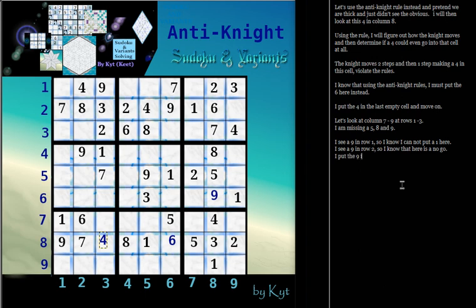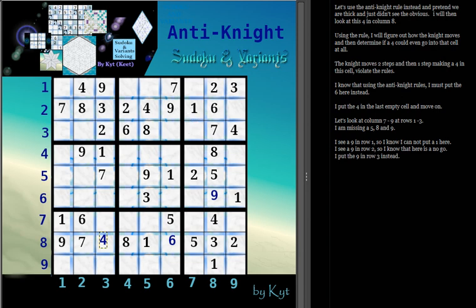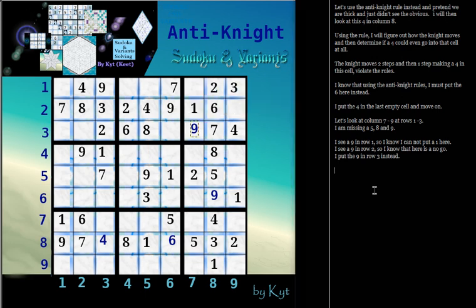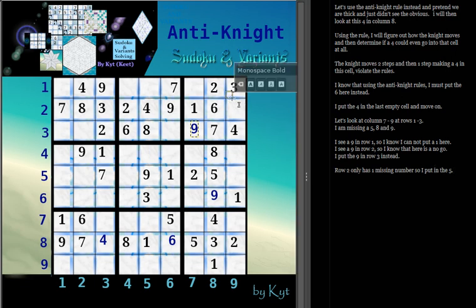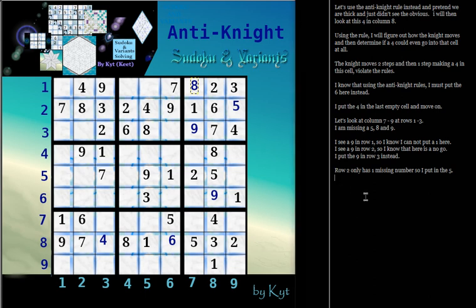I put the 9 in row 3 instead. Now row 2 only has 1 missing number, so I put in the 5, and then put in the 8 as that is the last number.